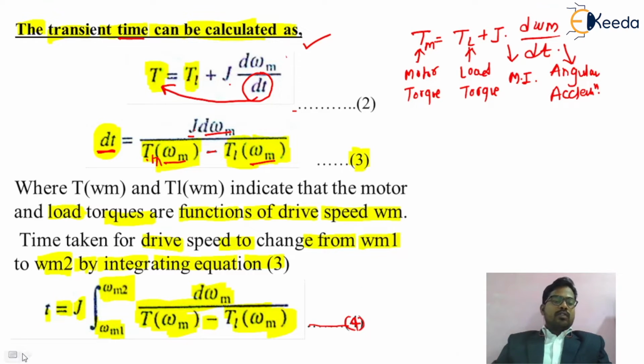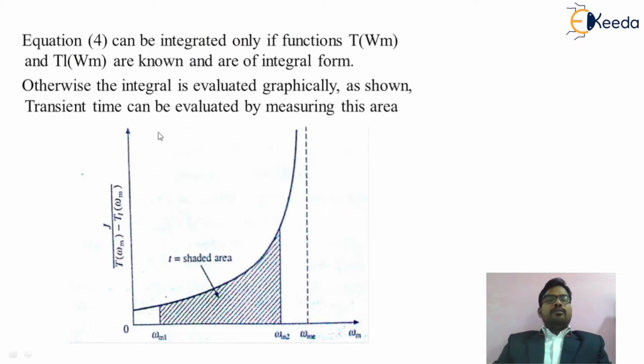Now we can move towards the very important fundamental thing that we get from equation number 4. When we integrate, if we directly know the motor torque with respect to the angular speed and the load torque with respect to its speed, then we can get the value of t.